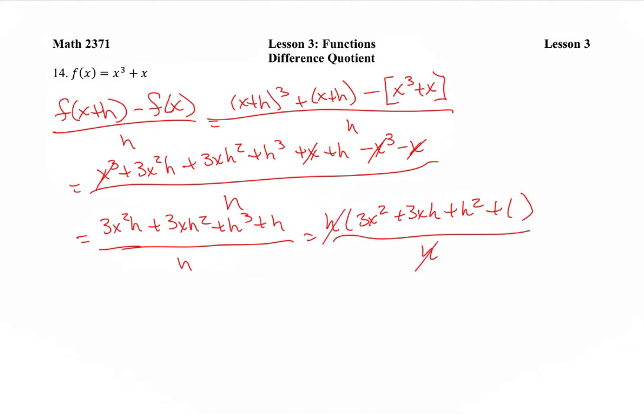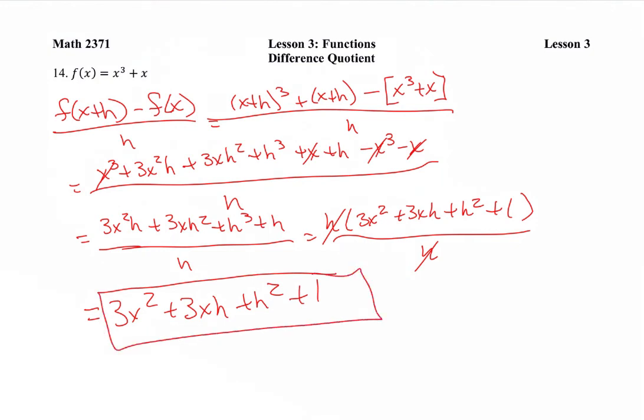Cancel my h's, so my final answer is 3x squared plus 3xh plus h squared plus 1. And there is my answer. Yay! And that wasn't as bad as you would think it would be. So, again, if you have any questions, please email me.